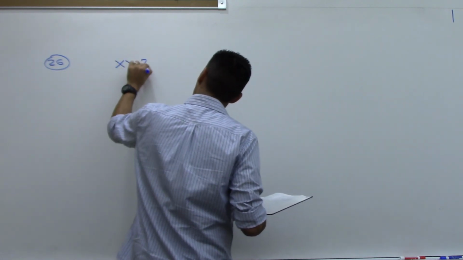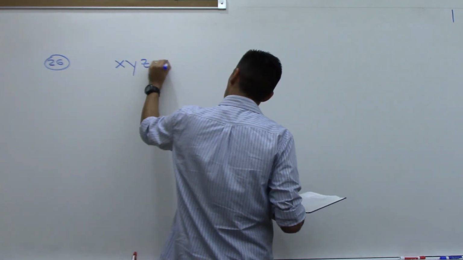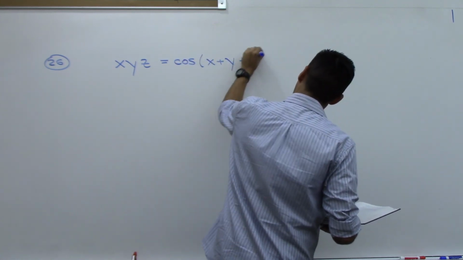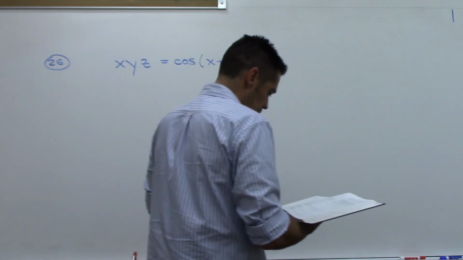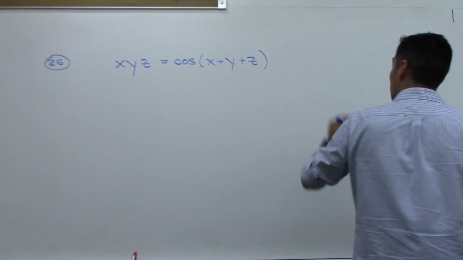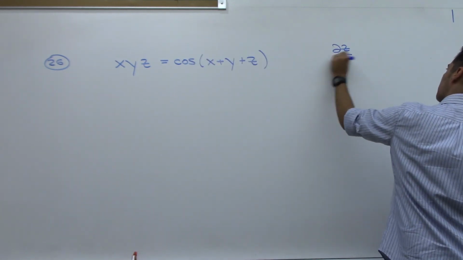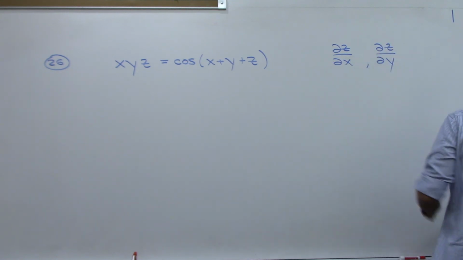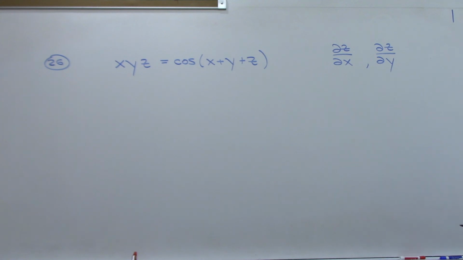X, Y, Z equals cosine of x plus y plus z. And we're asked to use the equations which I gave you in class. Partial z with respect to x and partial z with respect to y. Now these are in your book also on page 655.